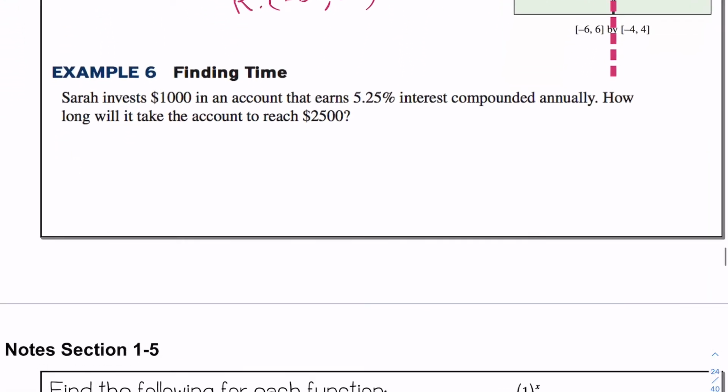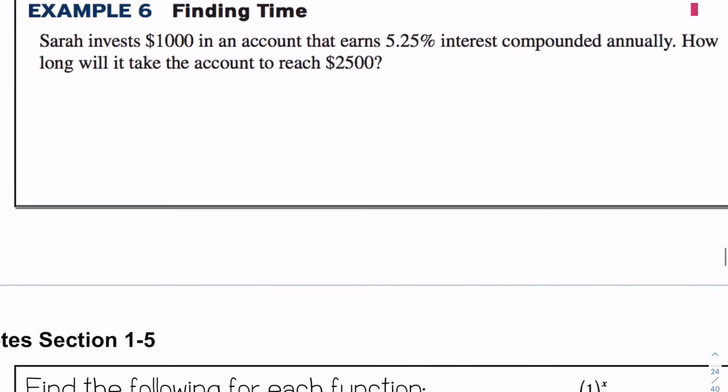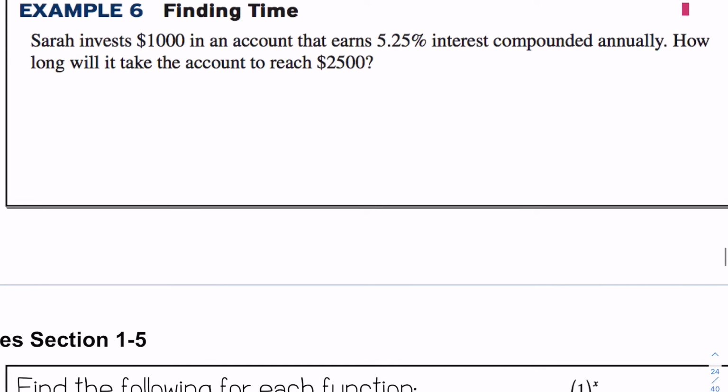Finding time. Sarah invests $1,000 in an account that earns 5.25% interest compounded annually. How long will it take the account to reach $2,500? So I have $1,000 as an investment, and we have a rate of 5.25%.